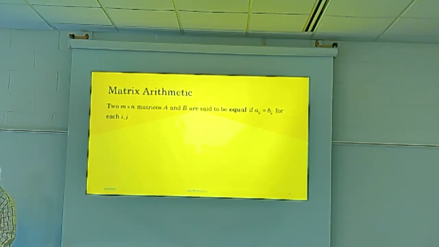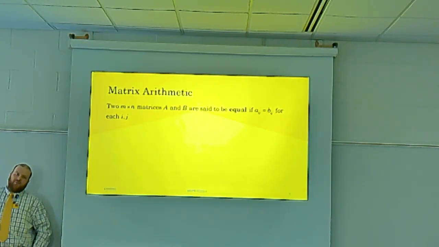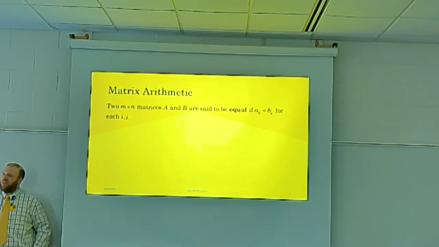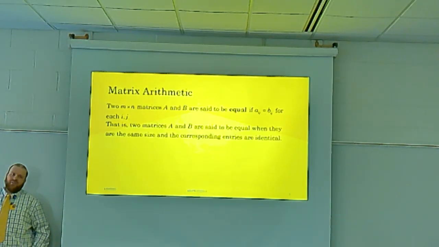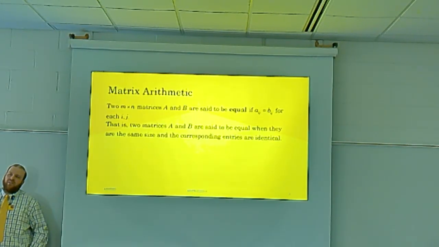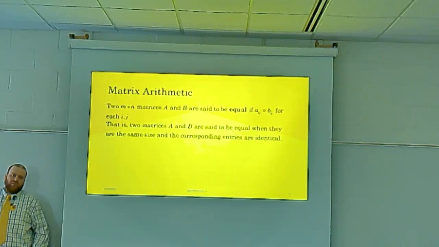They're said to be equal if a_ij is equal to b_ij for each i and j. That is, the two matrices are equal if they have the same size and corresponding entries are the same.